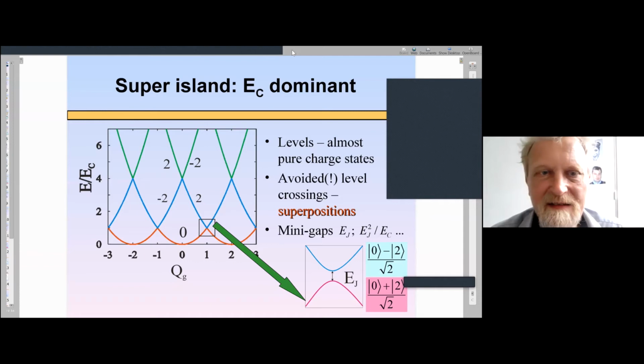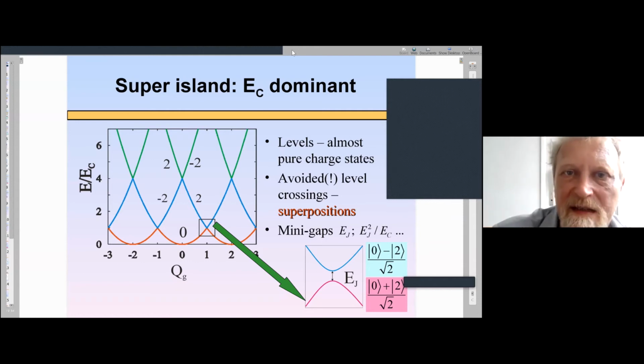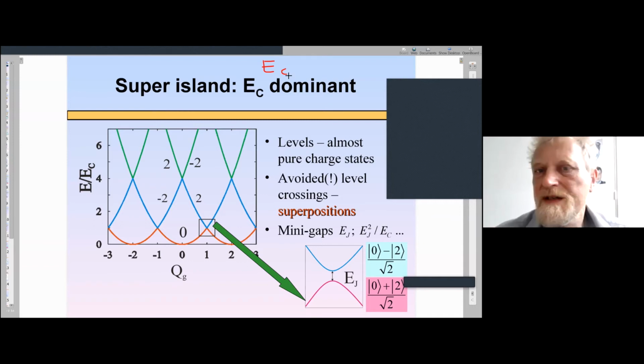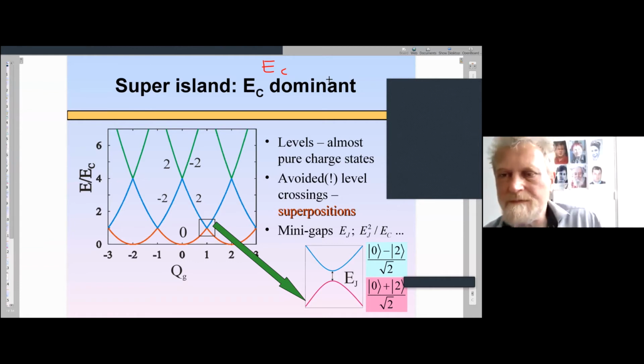What are the characteristics of the spectrum of this artificial atom in different limits? What are the limits? Let me recall that in the whole energy, I have two energy scales, charging energy and Josephson energy.